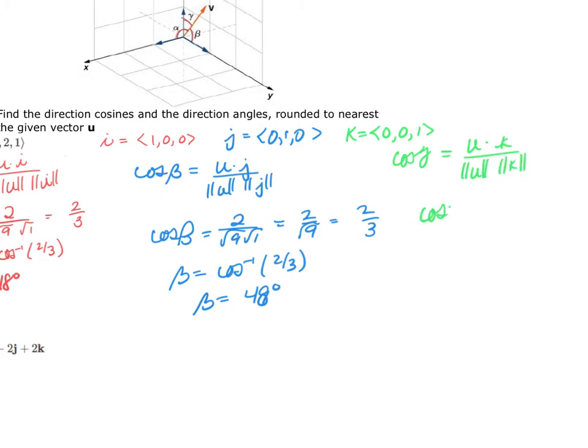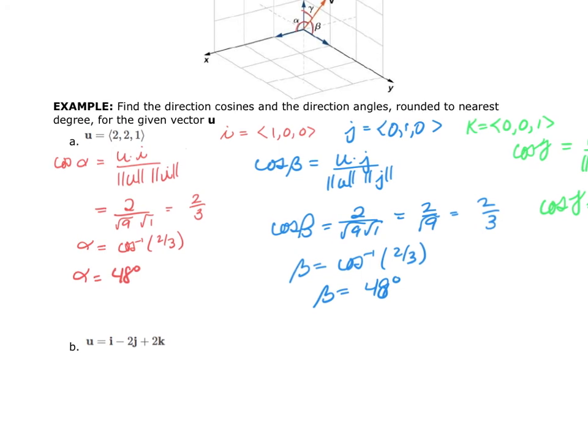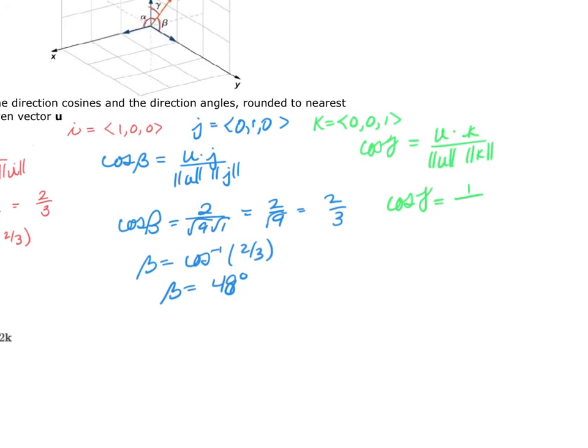So the cosine of gamma is equal to, in this case, just 1 in the numerator, and in the denominator square root of 9 times square root of 1, which is 3. So 1/3. So gamma is equal to the cosine inverse of 1/3. I put that in my calculator and I get 71 degrees.